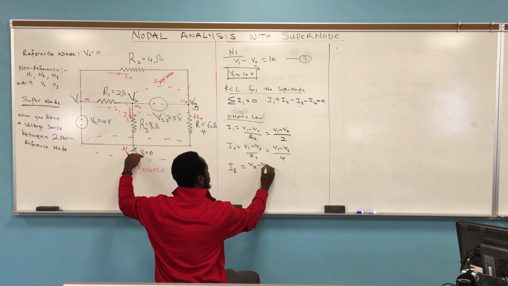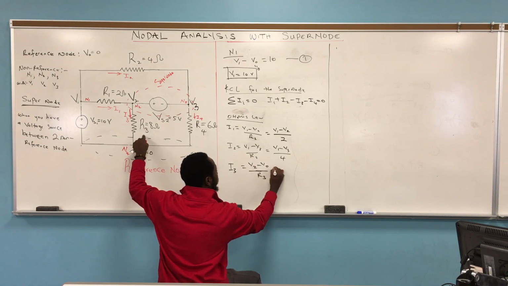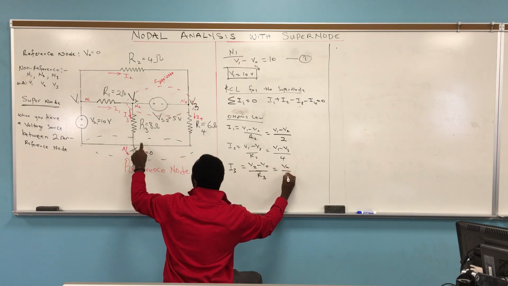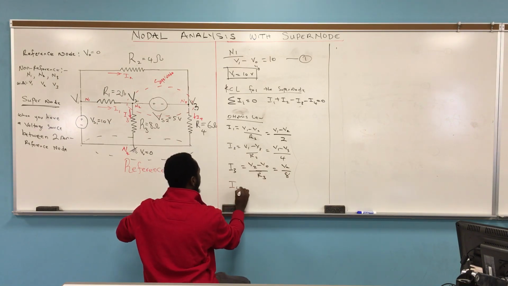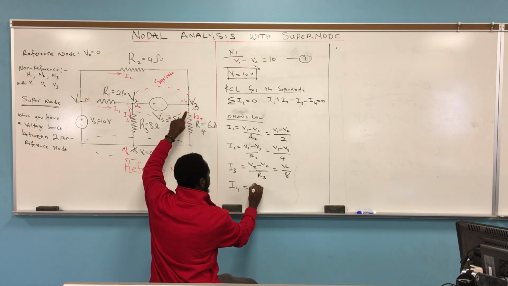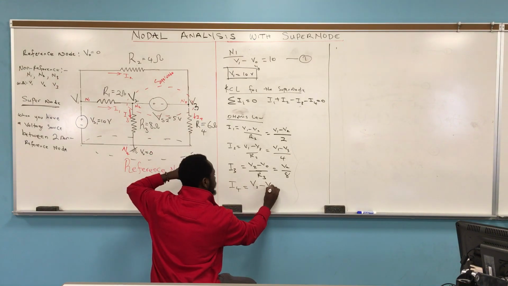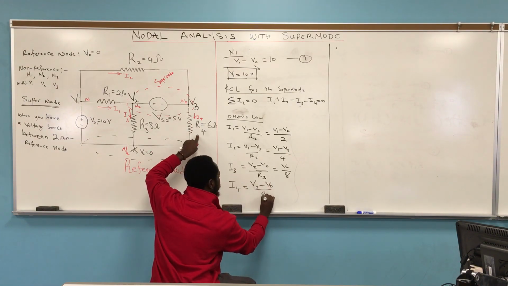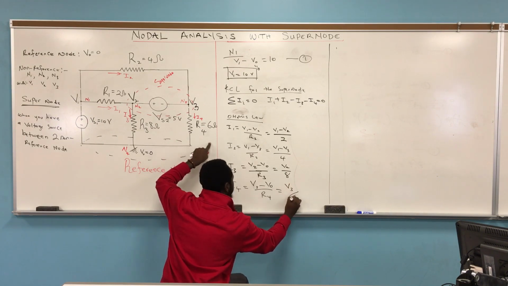I3 is V2 minus V0 divided by R3, and this will be V2 divided by 8. And then the last one, I4, is V3 minus V0 divided by R4, which will give me V3 divided by 6.